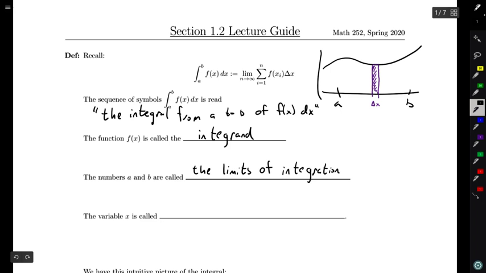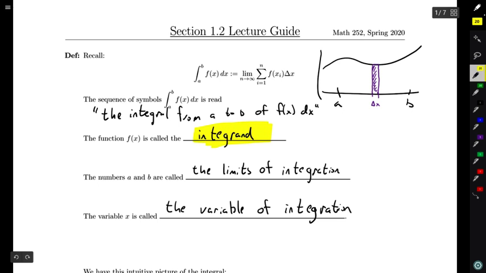The variable x is going to be called the variable of integration. And I think that is all of the words that we are going to have to start this section. So we've got a couple of unfamiliar terms here. We've got this thing called the integrand, we've got the limits of integration, and we've got the variable of integration.